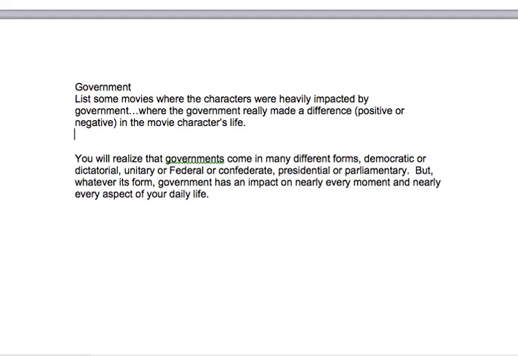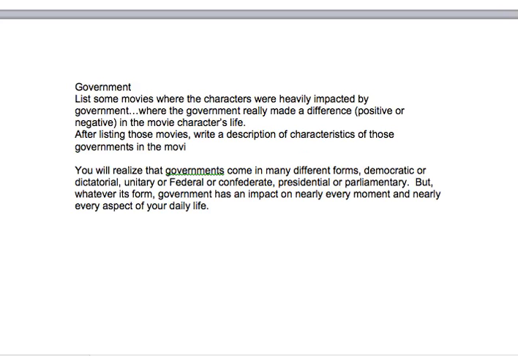And so they would list those movies, and after listing those movies, write a description of characteristics of those governments in the movie.